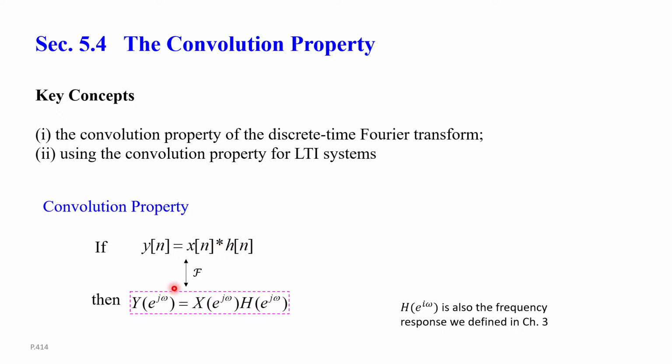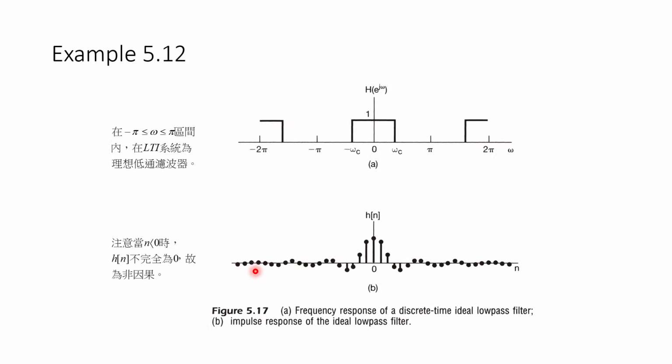Now we know that if you Fourier transform this equation and go to the frequency domain, y gets to big Y, x gets to big X, and h gets to this big H, which you also defined in chapter 3. H is the eigenvalue of your system at frequency omega. And the back and forth between the small h and the big H will once again be our Fourier transform equation.